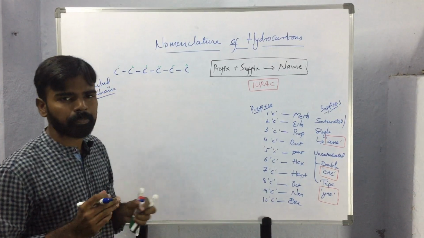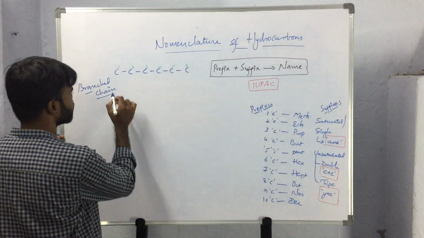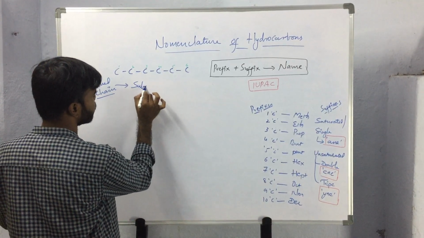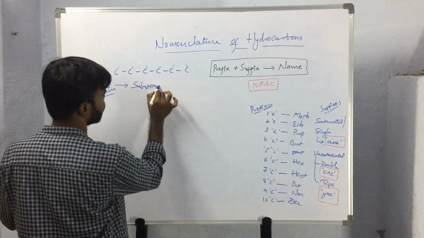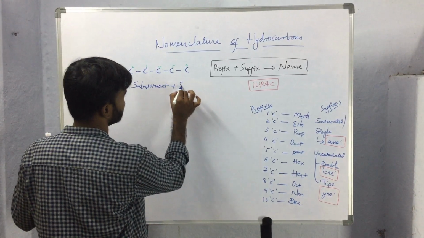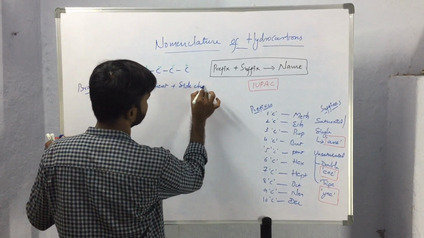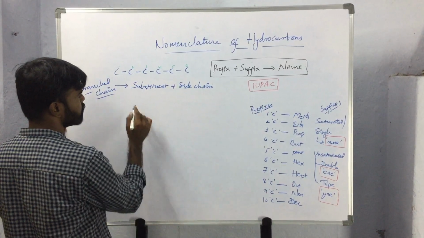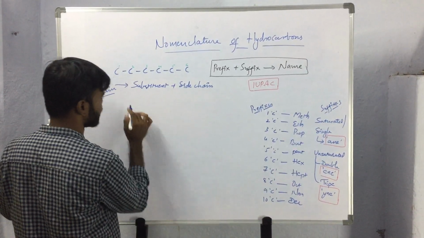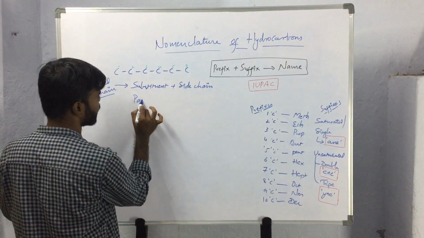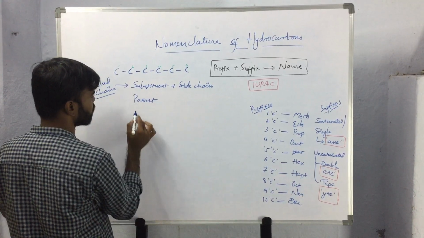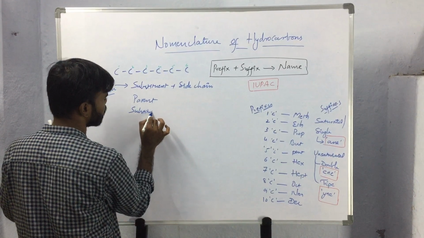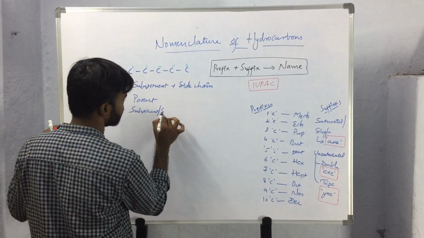What do you mean by branched chain? That means these hydrocarbons will be having a substituent, or we can say a side chain. So here in branched chain hydrocarbons we will be having 2 chains. One will be the parent chain, another will be the substituent or the side chain.